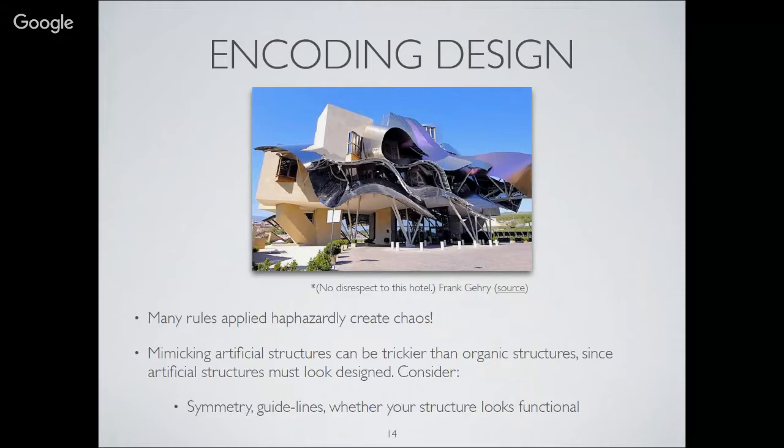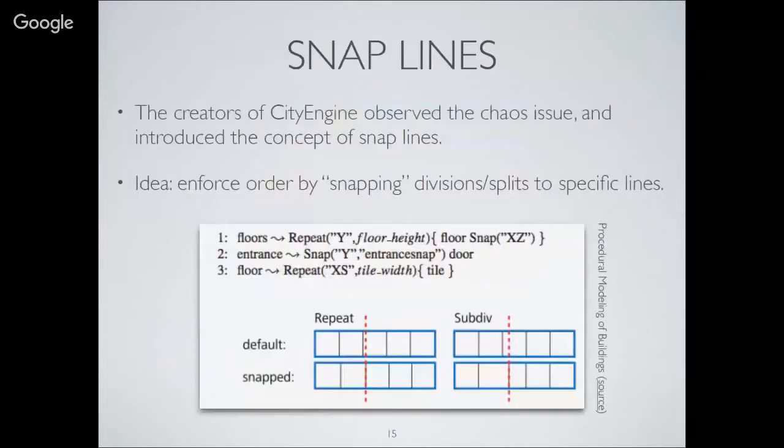There are some pretty chaotic looking buildings out there in the world, but if you just apply rules willy-nilly, you're going to end up with chaos. Which is why artificial structures have a sense of human designed organization to them, which makes them trickier than organic structures. We care about things like symmetry or guidelines and things that make our structures look functional, which is something that we have to think about when designing our grammars.